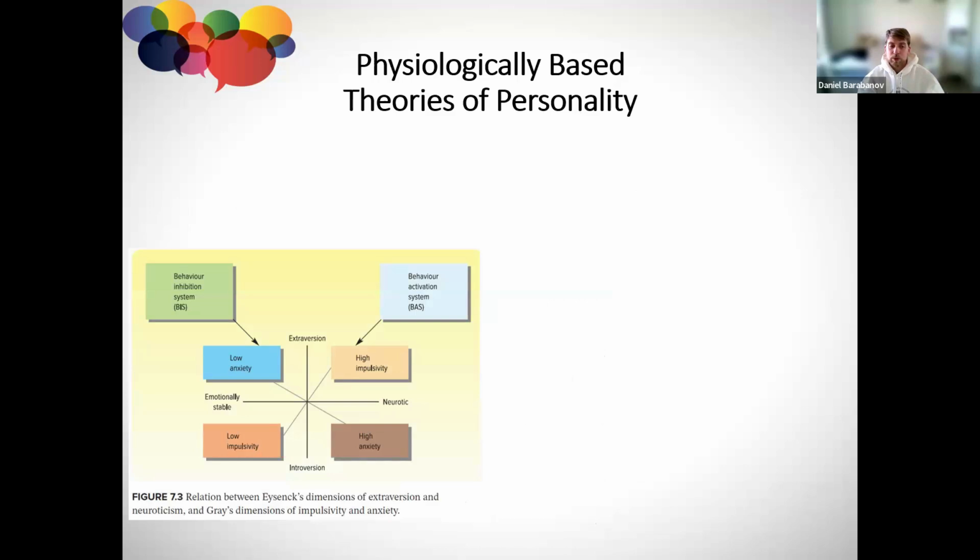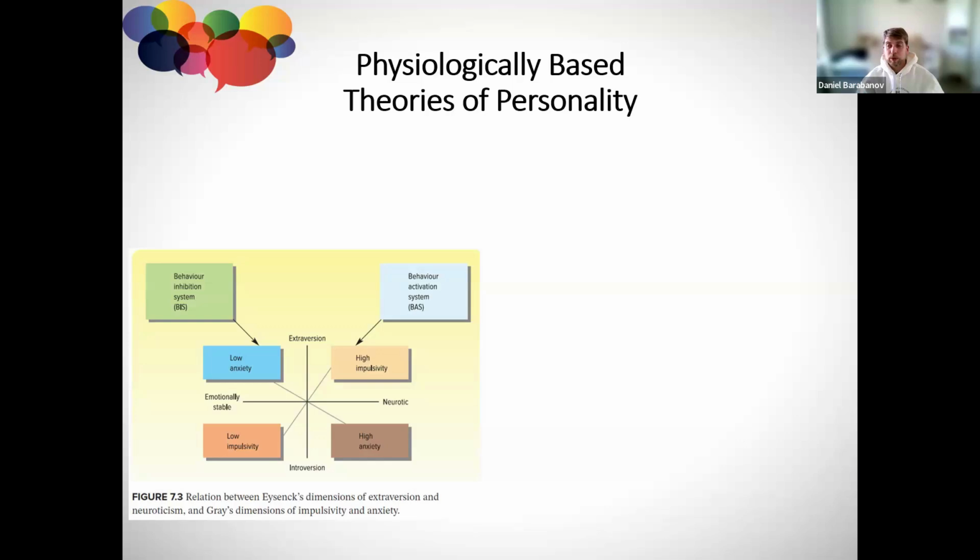So he supposed that we differ not only in extroversion and introversion and neuroticism, emotional stability, as the two primary axes Eysenck supposed typical for everyone. He decided that the behavioral inhibition system is responsible for anxiety.